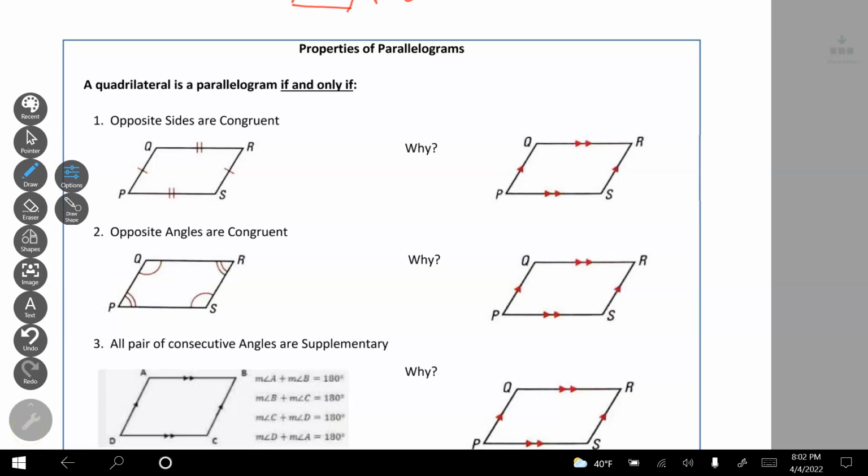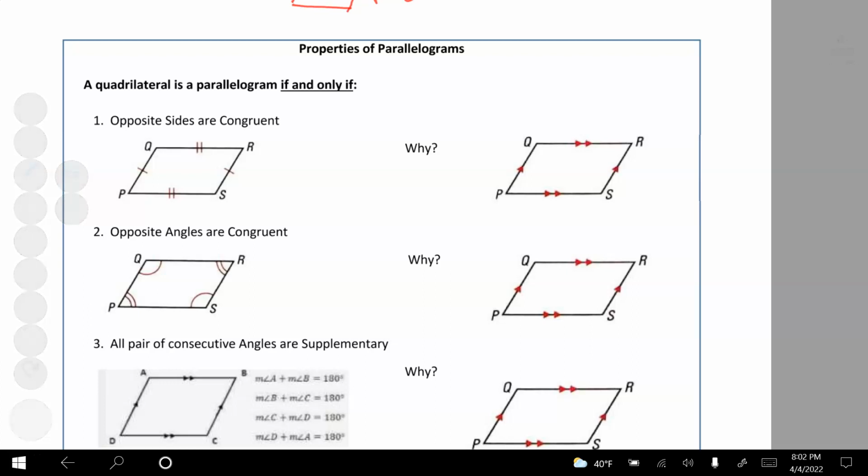Okay, now we're going to go through what it means to be a parallelogram. Besides the parallelogram having opposite sides that are parallel, it also means opposite sides are congruent. And how can we know this?